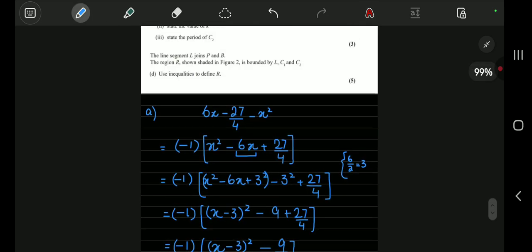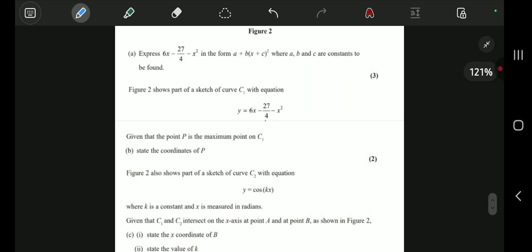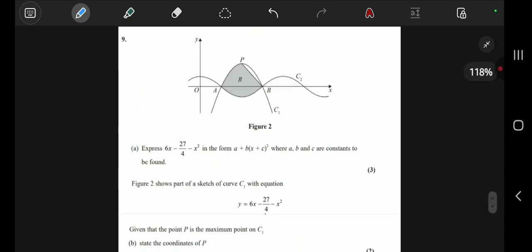Okay, now let's get back to part B. Figure 2 shows a part of a sketch of curve C1 with this equation. So this is the equation of this curve. Given that the point P is a maximum point, state the coordinates of P. So how do we find the coordinates of P? It's very easy.